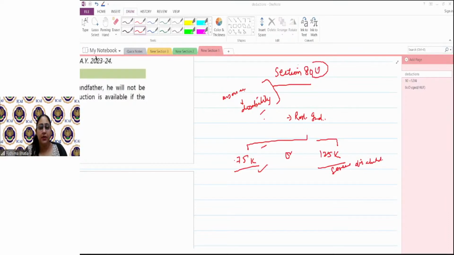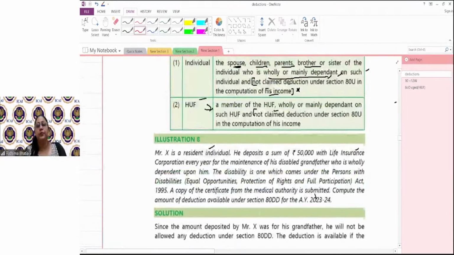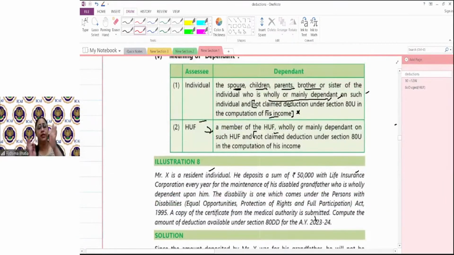Now the question comes, ma'am, what is written here is that a person... now we will read 80D and 80U in harmony. 80U is a flat deduction for an individual who is disabled and 80DD is a deduction for an individual who is maintaining the dependent disabled.